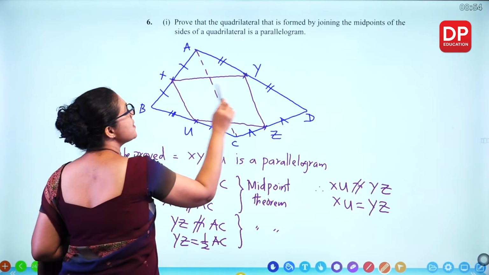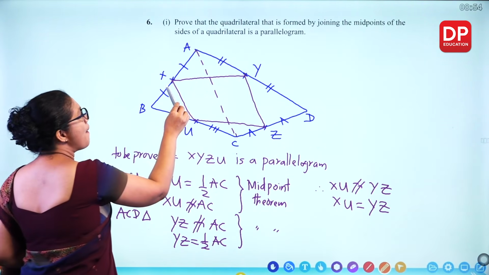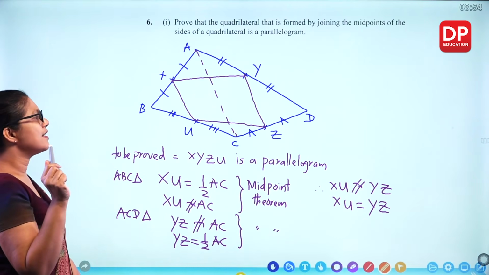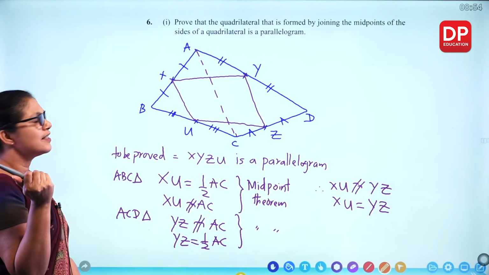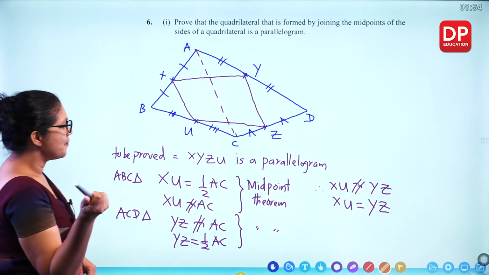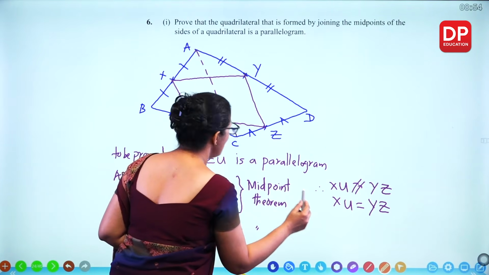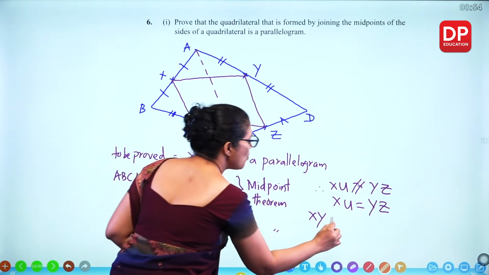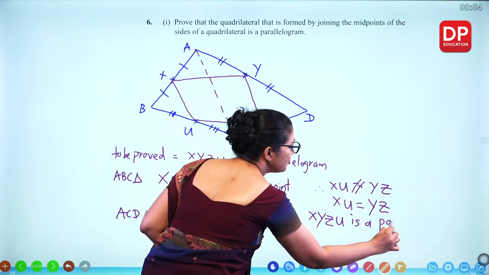These are the opposite sides of a quadrilateral. A pair of opposite sides equal and parallel. What can you say about the quadrilateral? That's a parallelogram. So we can write XYZU is a parallelogram.